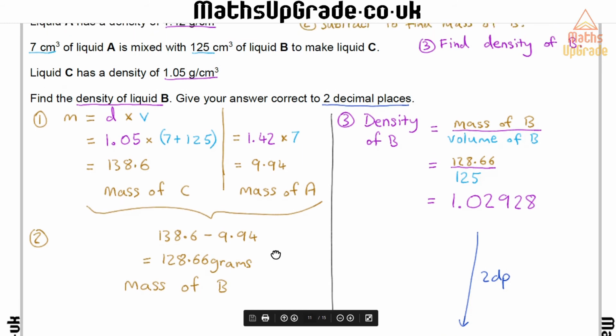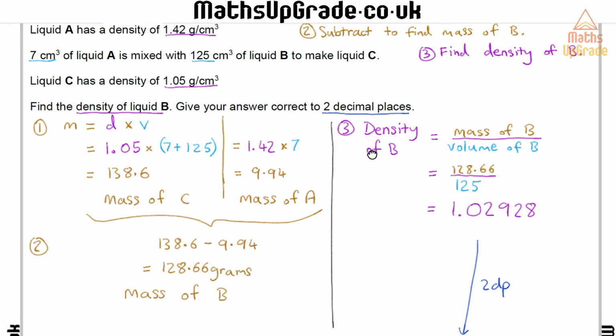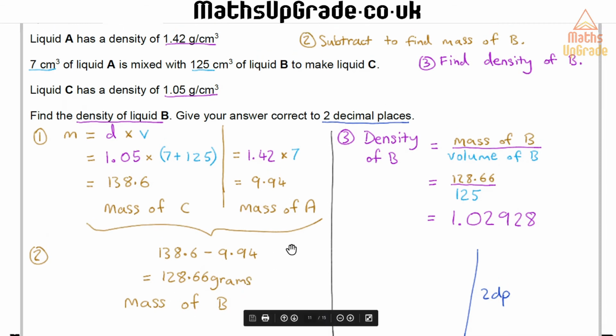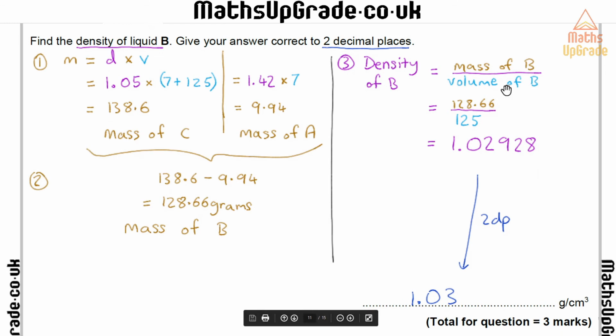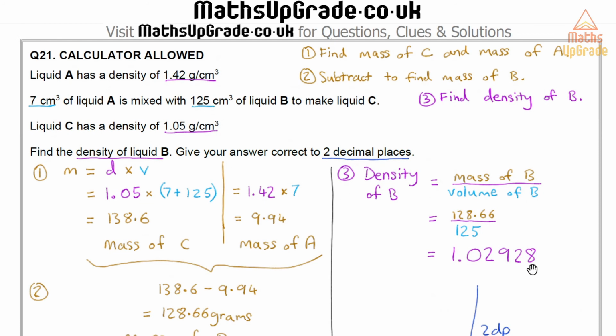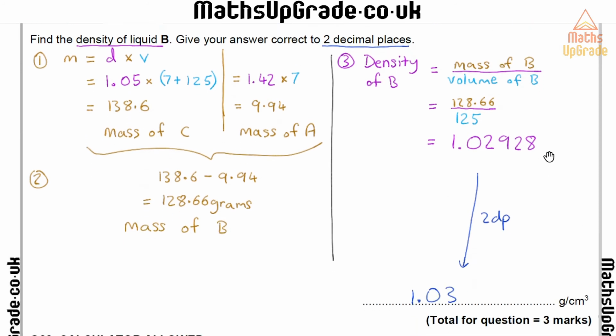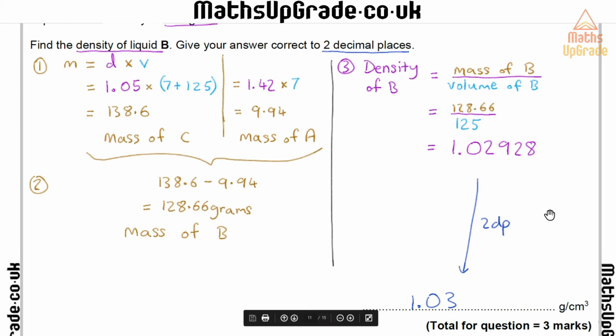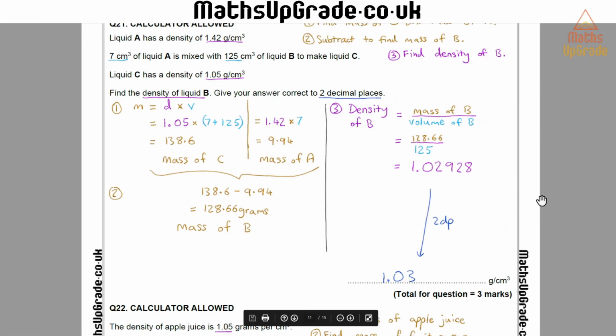Now I can find the density of B, which is what I'm asked to find, because I've got the mass of B and I know the volume of B. So to find the density of B, I'm doing mass divided by volume, 128.66 divided by 125, which is 1.02928. To two decimal places, that becomes 1.03 grams per centimetre cubed. The whole question there is 3 marks.